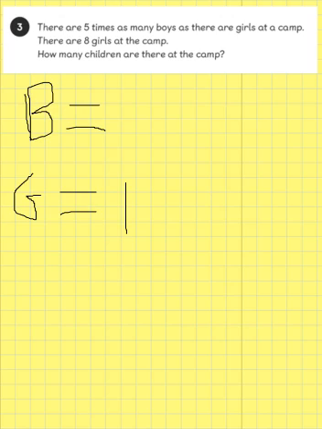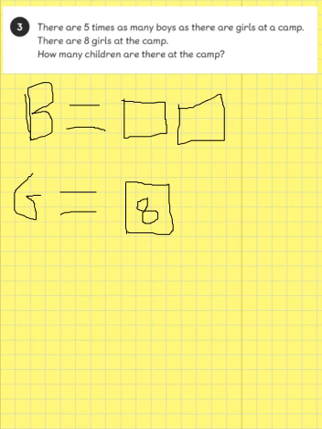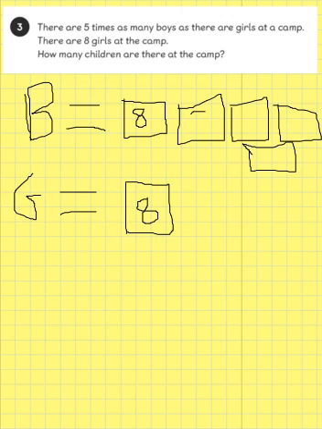So I'm going to represent this by one square, one box that's going to show me that there are 8 girls. We know that there are 5 times as many boys than girls. Forgive my poor drawing.